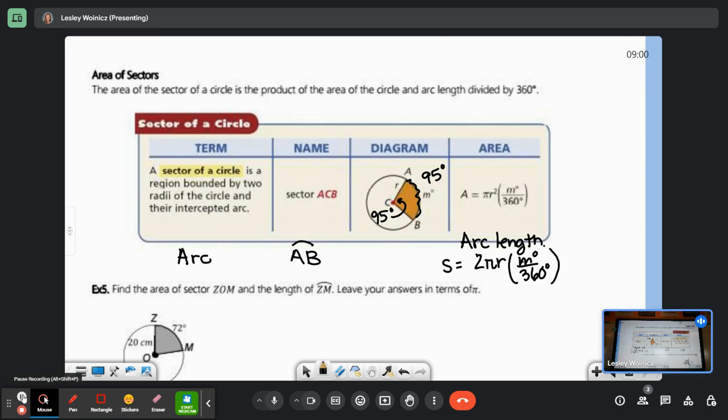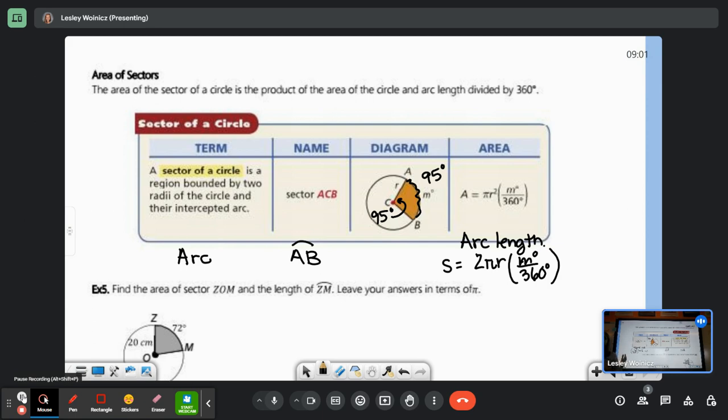So this is its two-dimensional analog. It's basically the same formula, but what are we swapping? Yeah, we're swapping out the circumference and putting in the area formula instead. So just like this gave us only this part of the circumference, this formula gives us this little wedge of area.